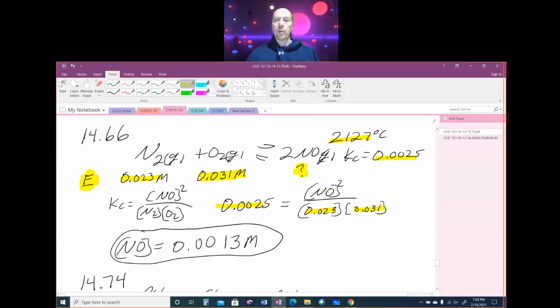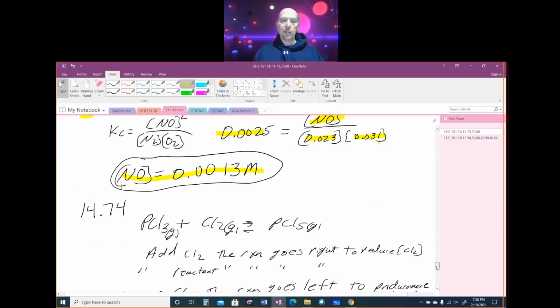The only thing you don't know is your concentration of NO. So you solve for it. So you multiply both sides by the 0.023, multiply both sides by the 0.031, and then you take the square root, and you get your concentration of NO to be 0.0013. And so that looked like it was going to be a difficult question, but it is not a difficult question.